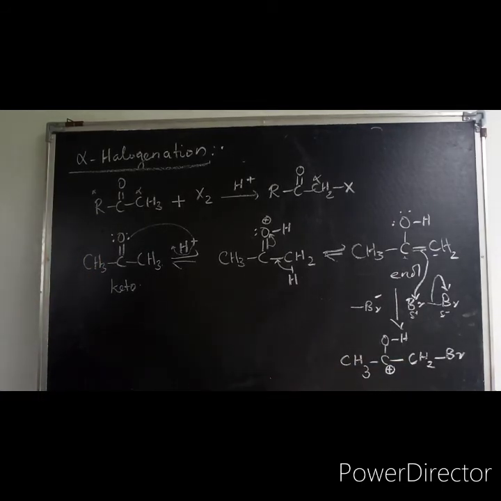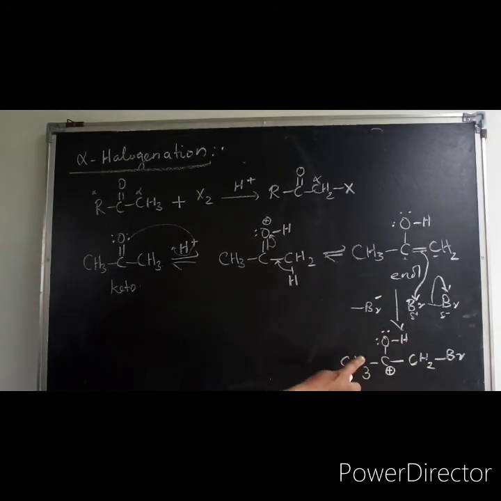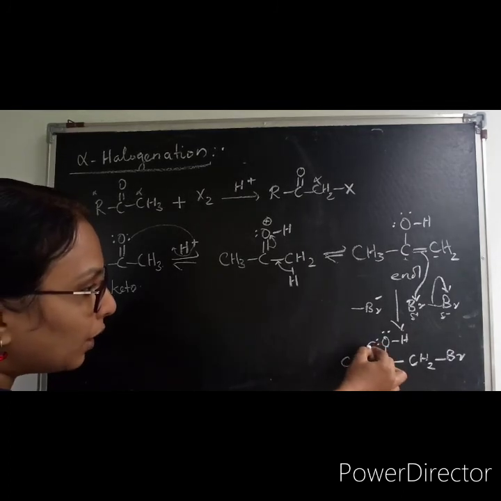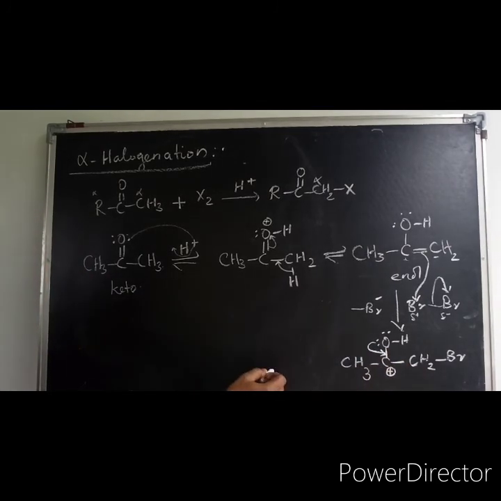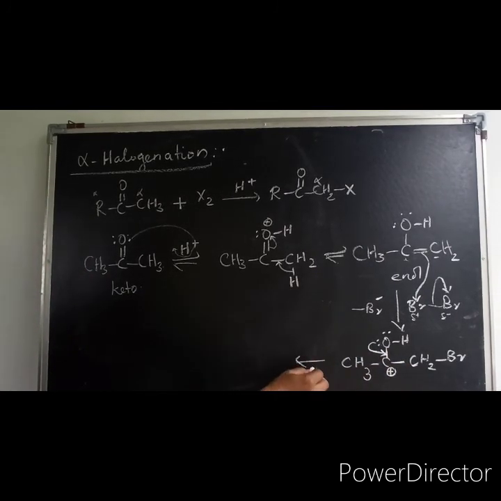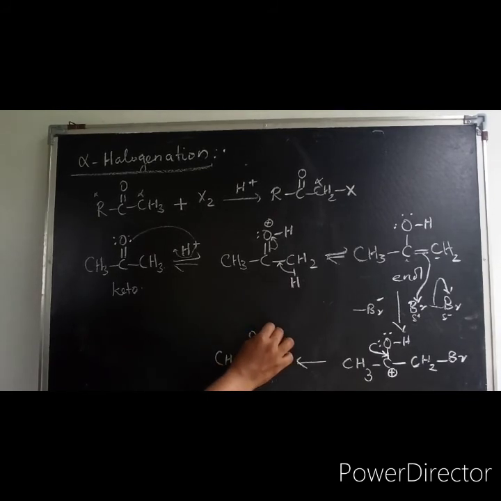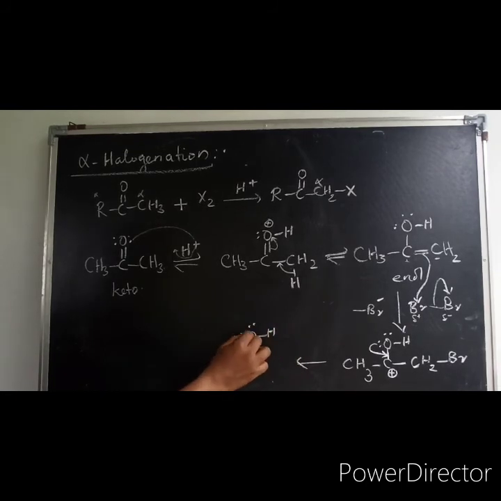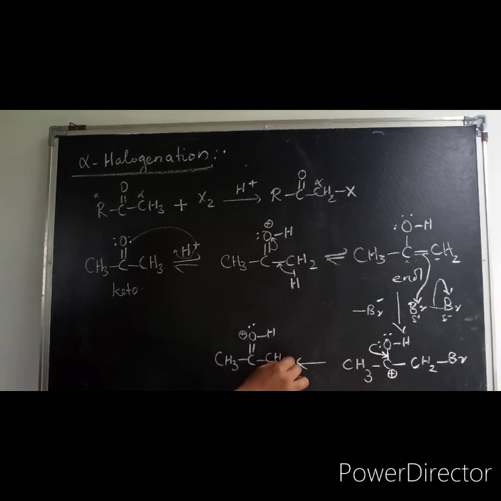Now how will this be neutralized? The positive charge should be neutralized, right? As you know, this oxygen is having a lone pair. This will be coming like this. So this becomes CH3, single bond C, double bond OH. Now this oxygen loses one lone pair, so it will be positive. Then CH2 Br, like this.